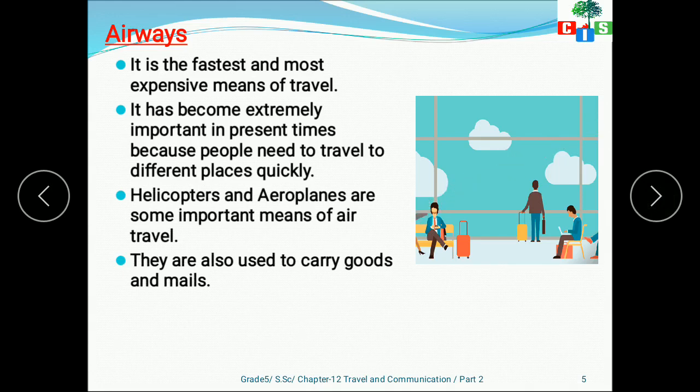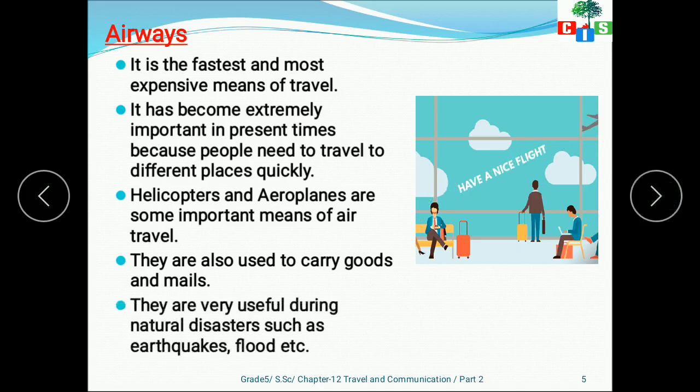Apart from this, during natural disasters it is very helpful. If we want to give food or medicine to the affected area, then airways is the best source, because through that we can send all these things very quickly. So they are very useful during natural disasters such as earthquake, flood, tsunami, etc.